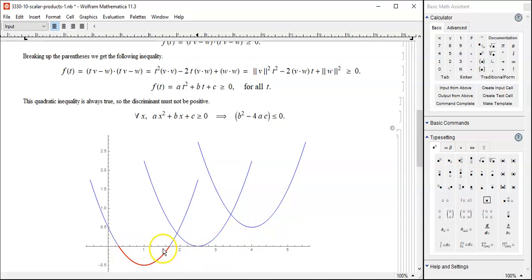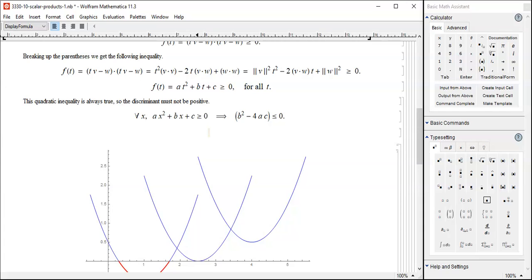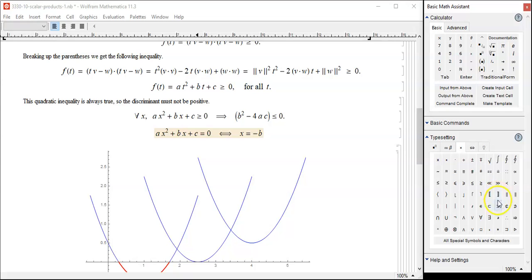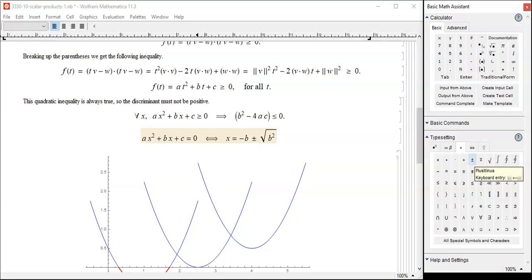Well, how do we get the x-intercepts? We have to set this thing equal to 0, or in terms of x, a x squared plus b x plus c is equal to 0 if and only if x is equal to negative b plus or minus square root of b squared minus 4ac, over 2a.